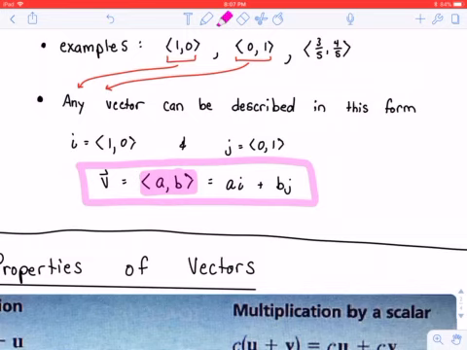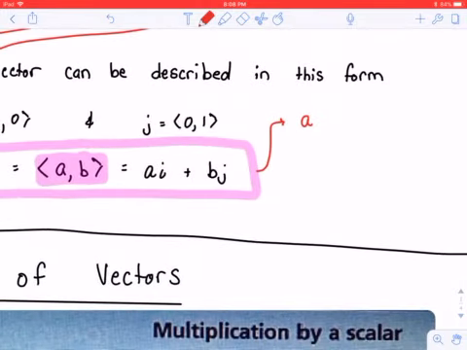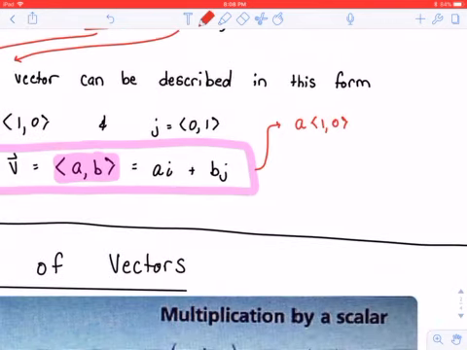So i just represents 1, 0, and j represents 0, 1. And if you think about the way this is currently written, this is just your horizontal component and your vertical component. And I'm about to talk about properties of vectors, so you'll see it used here already. But this is just a, which is the horizontal component of your vector, times the vector 1, 0, plus b times the vector 0, 1.